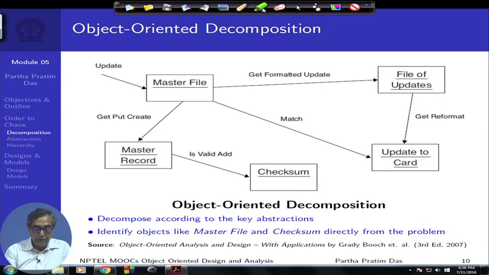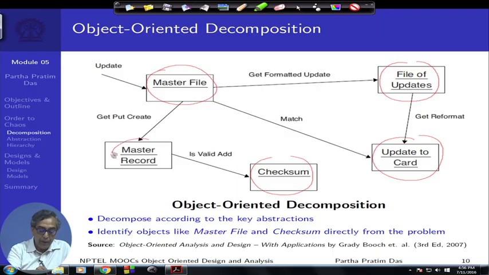So, in here for the same problem of update representation, we basically divide the problem into a number of different agents. One we say is a master file. Naturally, that needs to keep track of what is happening to the other files. This is a file of updates. This is update to card, the checksum and so on. Each one of them is a key concept, a key abstraction in the whole problem domain.